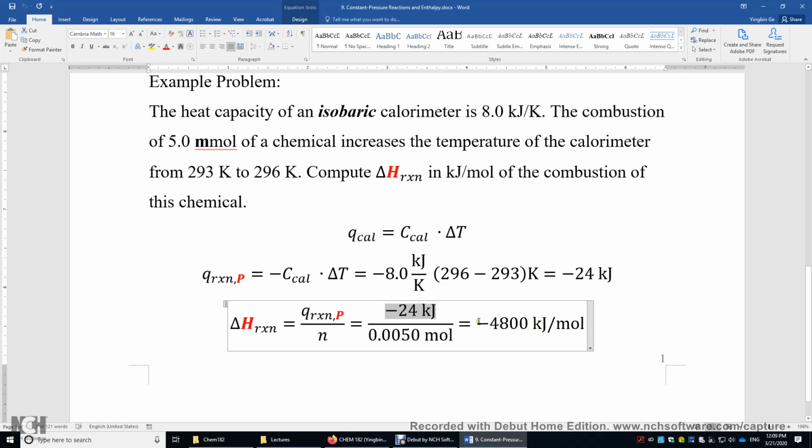The meaning of this number is if we combust 1 mole of such chemical under constant pressure condition, the enthalpy change of the reaction is negative 4,800 kilojoule, and the reaction is exothermic.